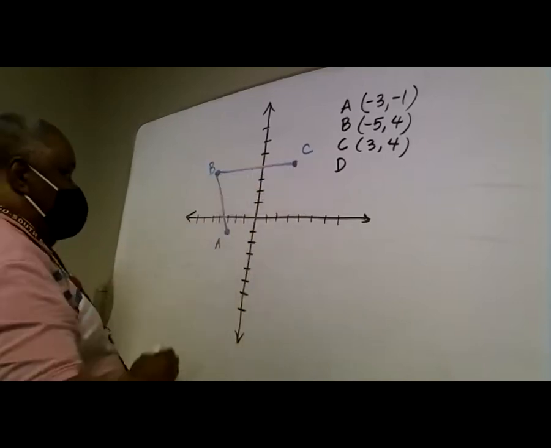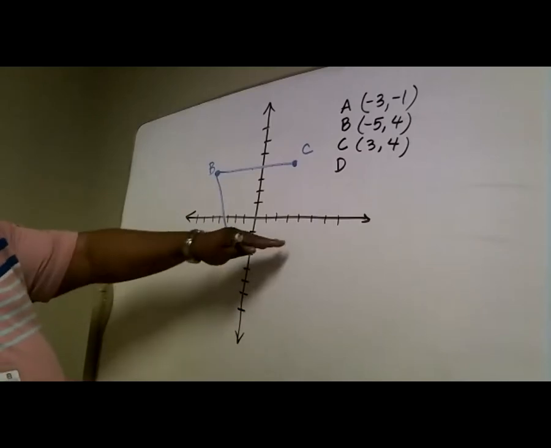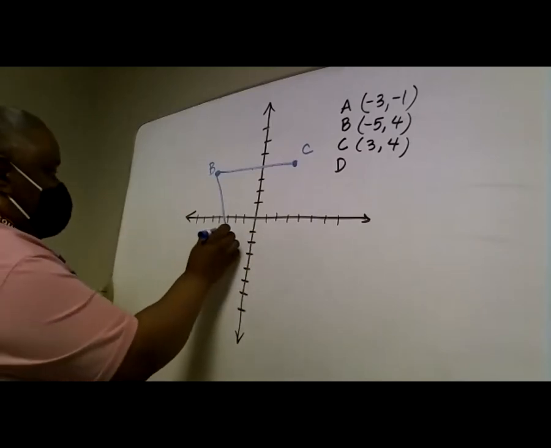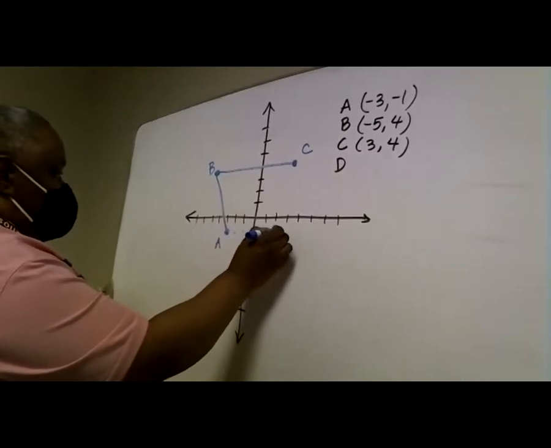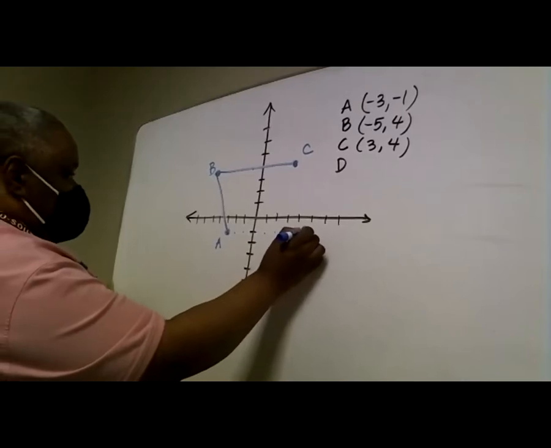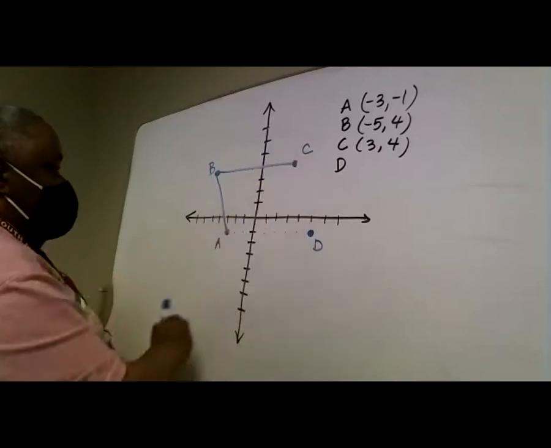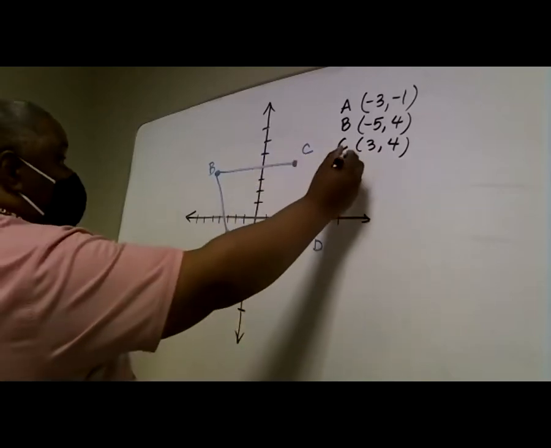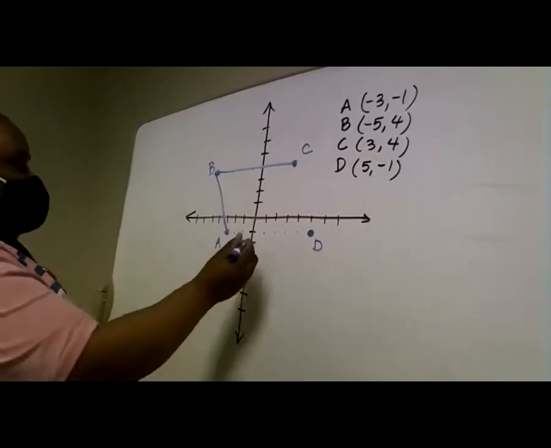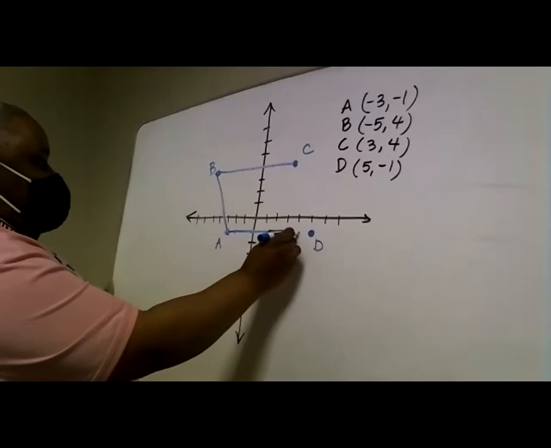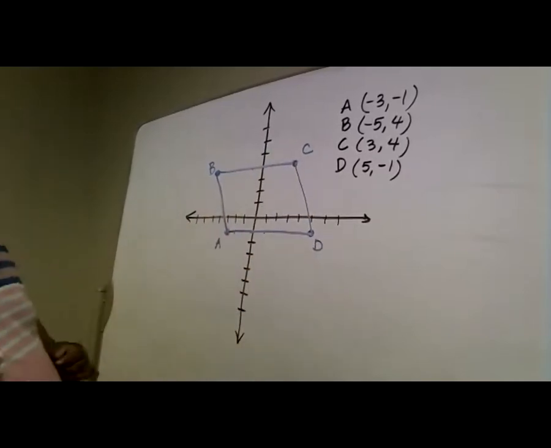This distance is 8 units. So from A to some point down here has to be 8 units. Down here, 1, 2, 3, 4, 5, 6, 7, 8. Here's point D. It'll be 5, -1. So that has to form the parallelogram.